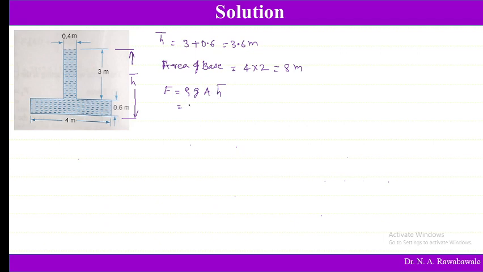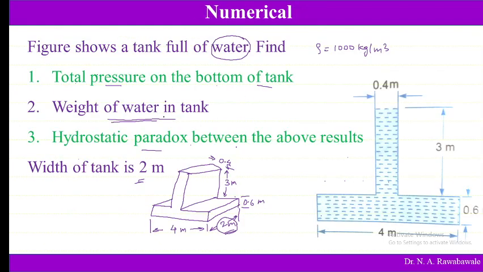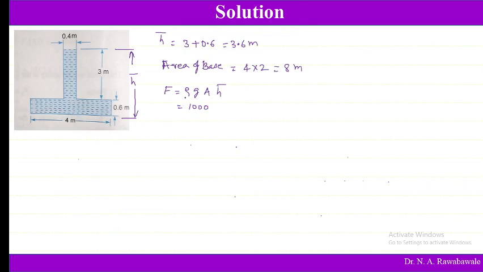So rho value is 1000 because already he is saying that the tank contains water. There's water in the tank. Therefore, density of water is 1000, G is 9.81 meter per second square, area is 8 meter square, and h bar is 3.6.